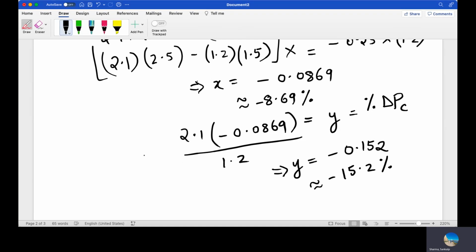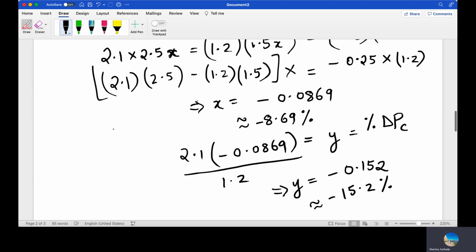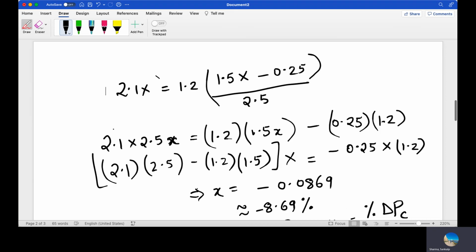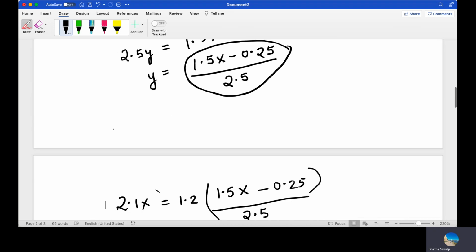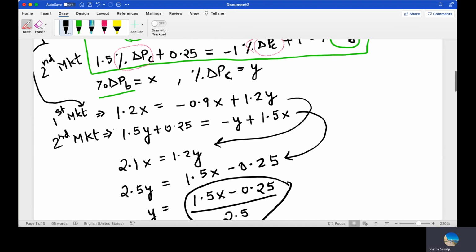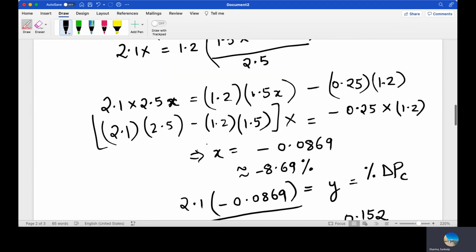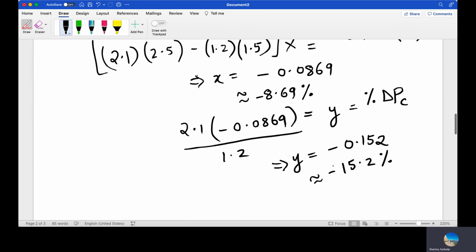And let's talk about the intuition here. What essentially is the intuition? Well, the obvious intuition here is that as the supply increases, the price of the cane itself is actually coming down.